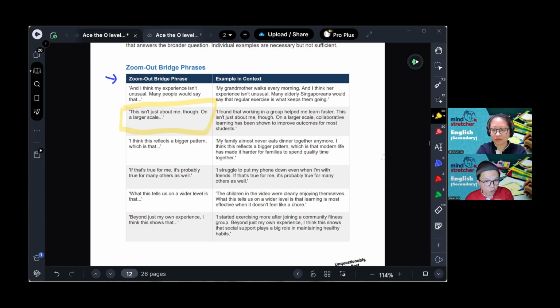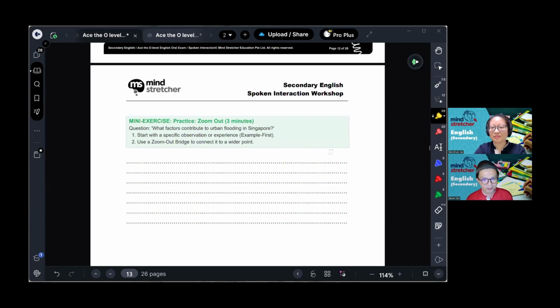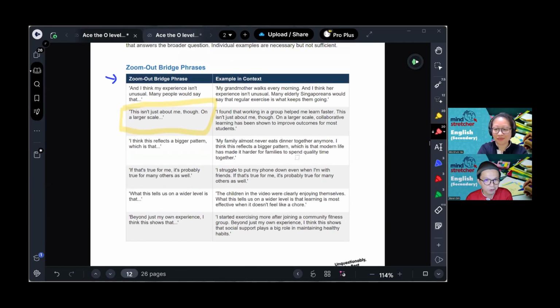So that's how you use this zoom out phrase to escape from the confines of the question, because the question is urban flooding in Singapore. So just for that little short while, you want to zoom out and say, this isn't just about Singapore, though. On a larger scale, we are experiencing climate change. And countries which have problems with deforestation experience urban flooding.